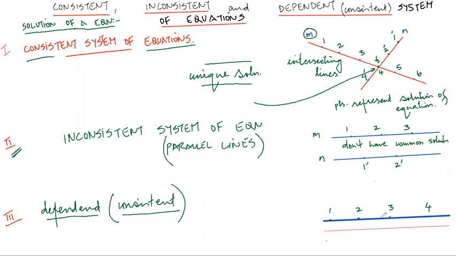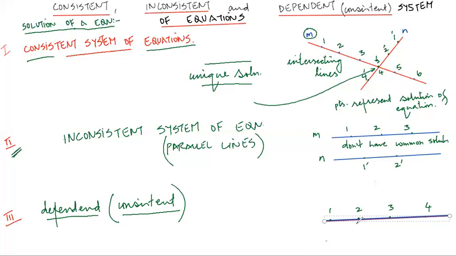Now, one line is dependent on the other line when they are not parallel. Rather, you just see what happens. This red line, I am coinciding with the other line. This red line was M and this blue line was N. Now, the blue line had 1, 2, 3, 4 solutions. This line also has so many solutions. But when this line coincides over this line, what can you say?